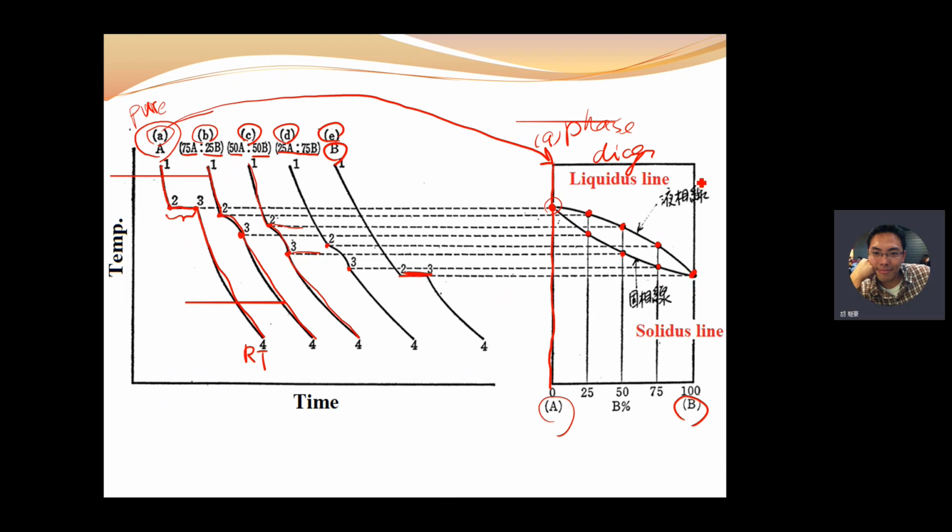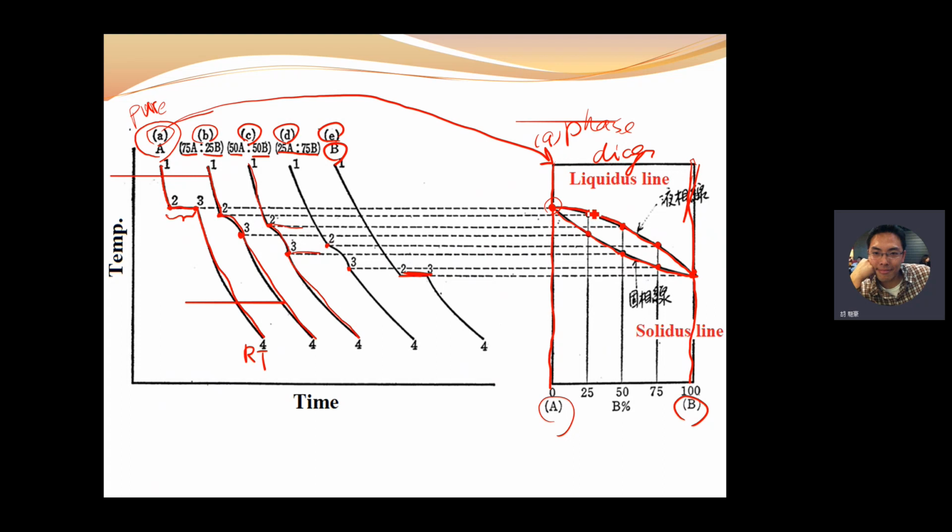Therefore this line represents what? It represents the behavior of pure element B. And then we can plot this figure, right? We connect each point. Okay, we got this phase diagram of element A and B.